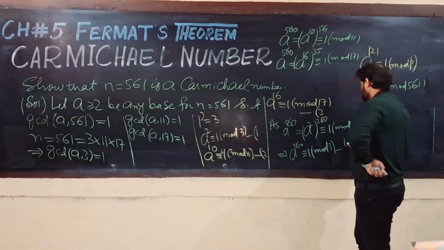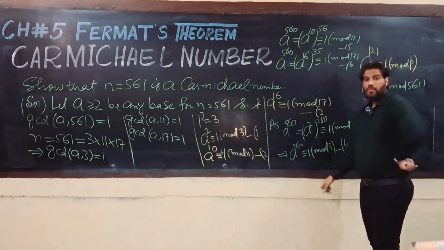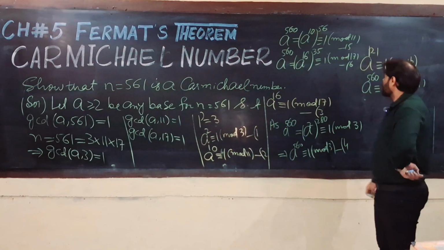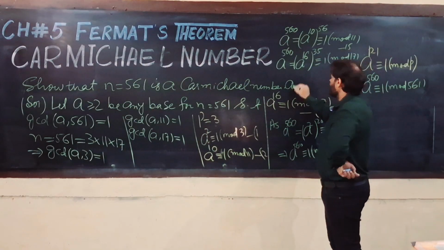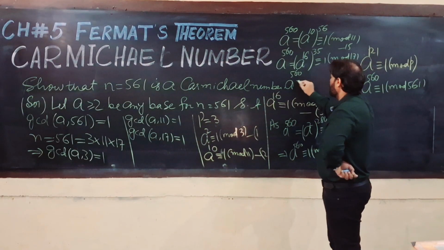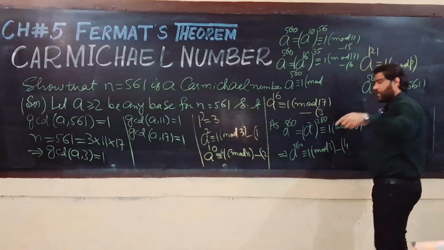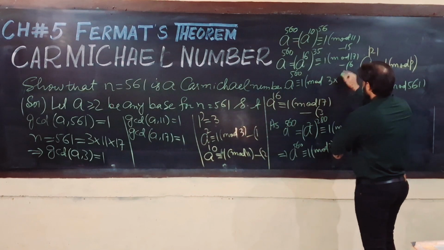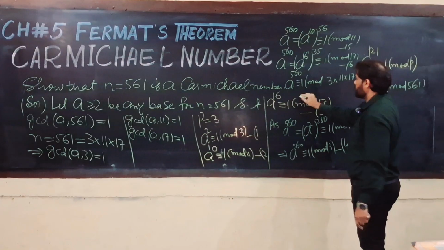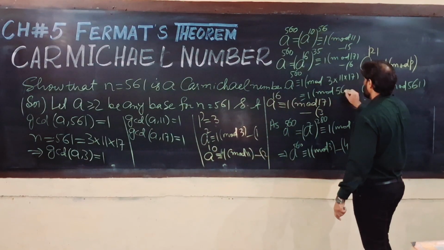Say this is congruence 4, congruence 5, congruence 6. By using all of these congruences 3, 4, 5, 6, A raised to power 560 is congruent to 1 modulo the LCM of these moduli, modulo 3 into 11 into 17, which is 561.